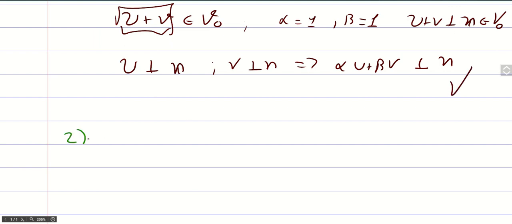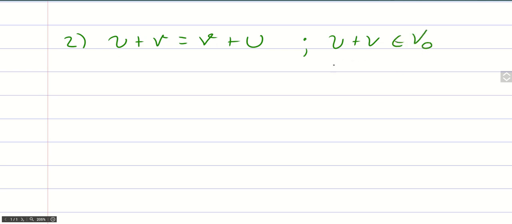The second axiom is related with the commutativity property. But here we need to consider something, and it is that u plus v is an element of V0. And also u and v are elements of V0, which is a subset of R3.